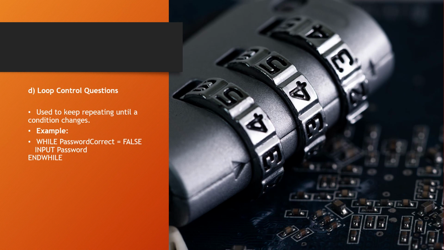While password correct is equal to false: password correct is a variable in which it is verified whether the password that is entered matches the correct password. If the entered password is not matching the correct password, it will be termed false and the input will be taken again.